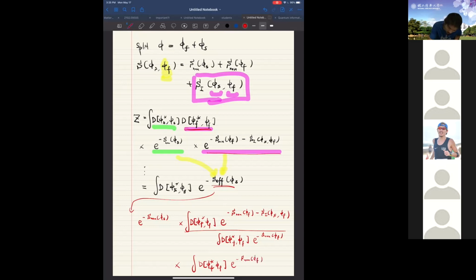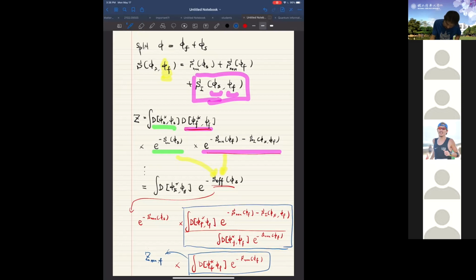Okay. So the interesting part is if you define this object here, this is just a partition function. You can think of this part as the partition function for the non-interacting fast mode.